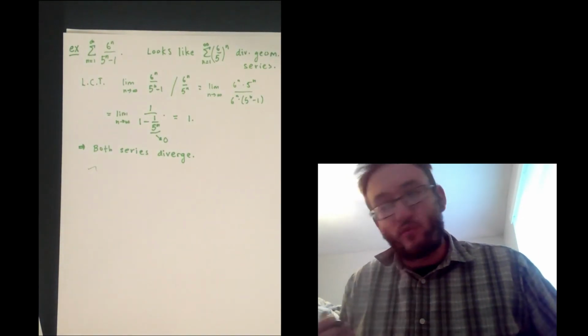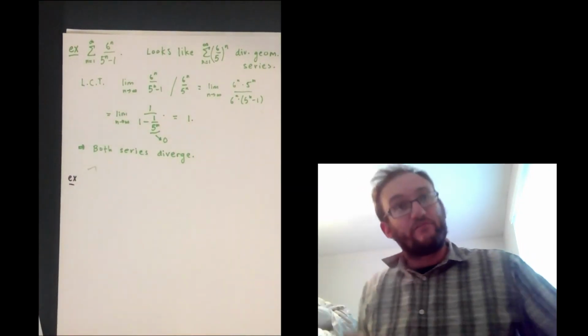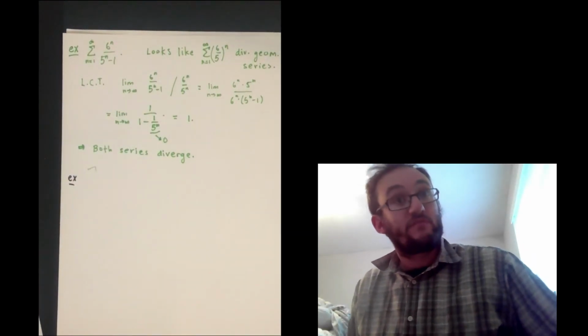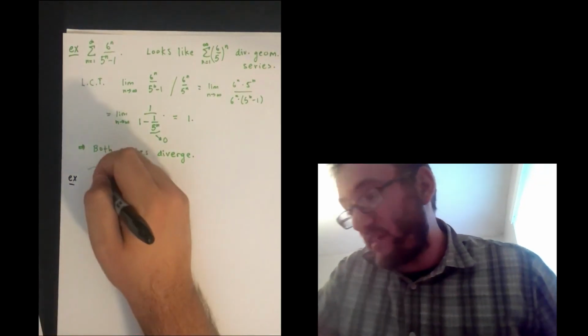Another type of question you might run across is algebraic expressions that involve roots. So for example, square roots of polynomials or cubic roots of polynomials. Let's do one like that.